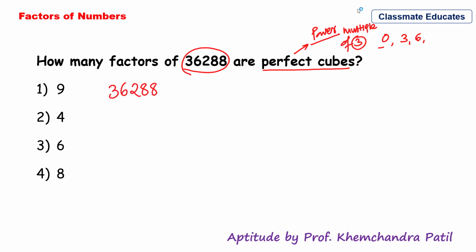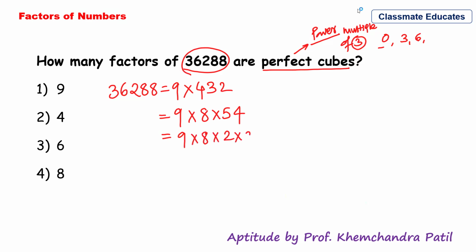36,288. I can see that this number is divisible by 9. So dividing by 9, what will we get? 9 4s are 36, then 9 3s are 27, remainder is 1, 9 2s are 18. Again, this number is divisible by 8. So 8 5s are 40 and 8 4s are 32. Again, this number is divisible by 2 into 27.